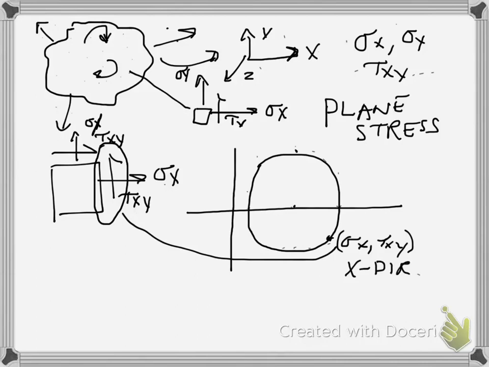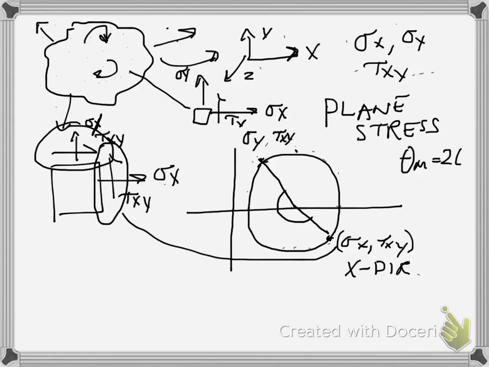You could do the exact same thing for the Y. Tau xy is going a different direction than it did before because we're on the Y plane now, and so as it turns out, this point up here, if we plot the coordinates sigma y, tau xy, we'll find out that that point is right up here. Interestingly, those two are going to be separated by 180 degrees, but we remember that the Mohr's angle is always twice of the real angle.